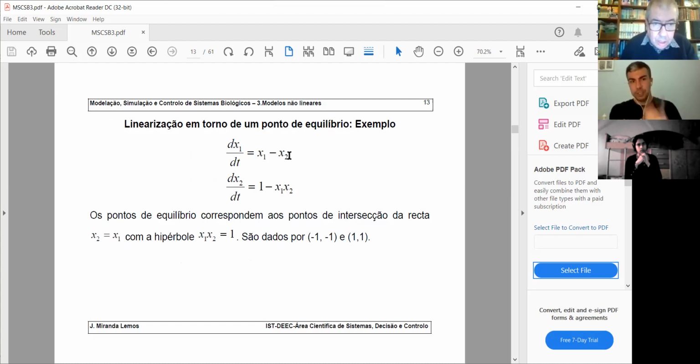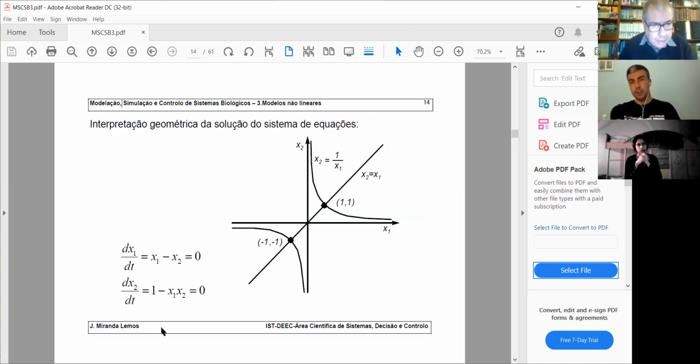These are the equations. The conditions are x1 minus x2 equal to 0. This condition defines a line, x1 equal to x2. So you have the straight line here.